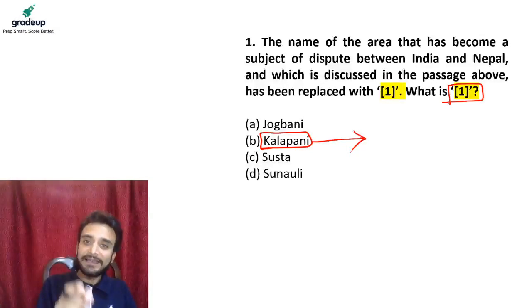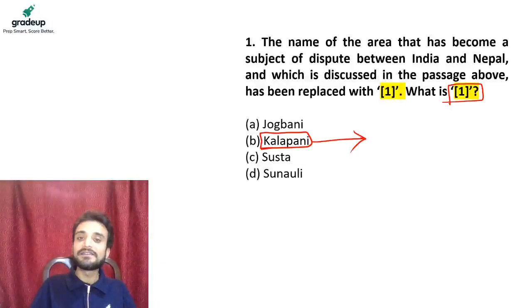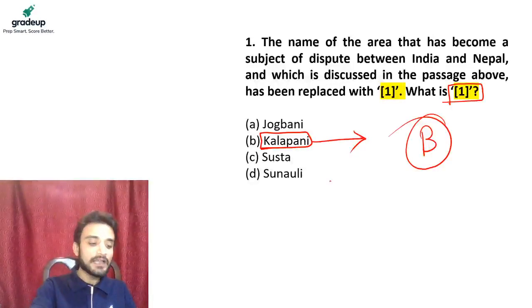The correct answer is option B, Kalapani, the disputed land between India and Nepal that has been discussed in the passage.